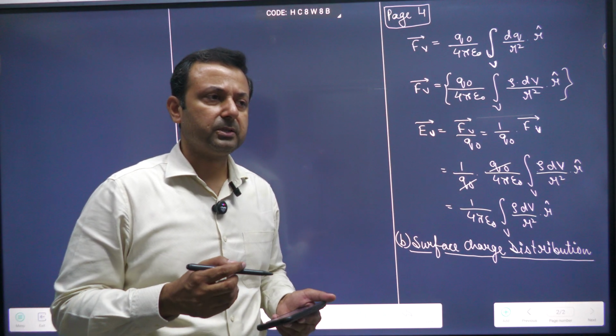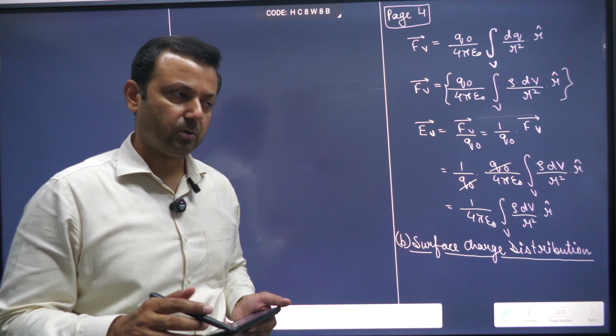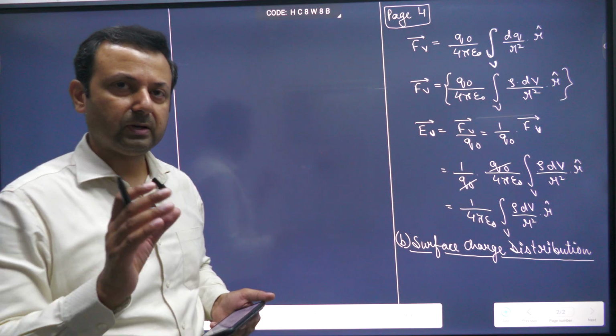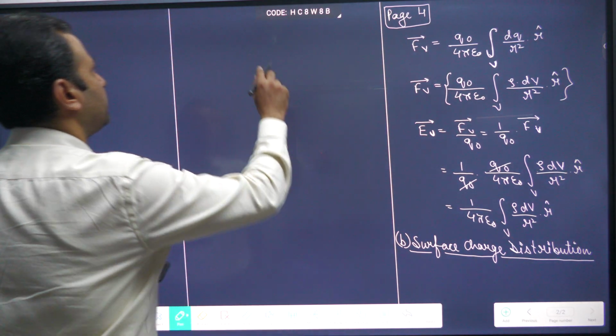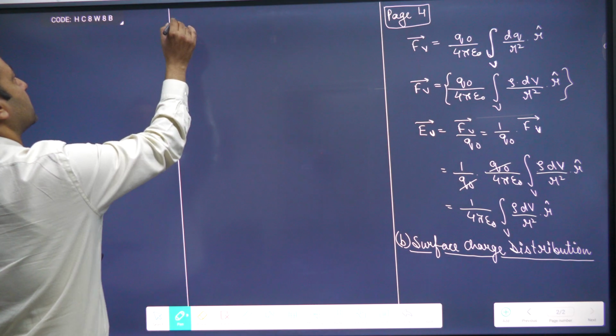Now, earlier in volume charge distribution we considered a volume. Now, in surface charge distribution we will consider a surface area. So the shape of that surface area will be like this.